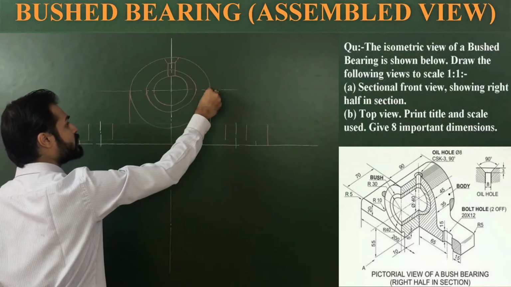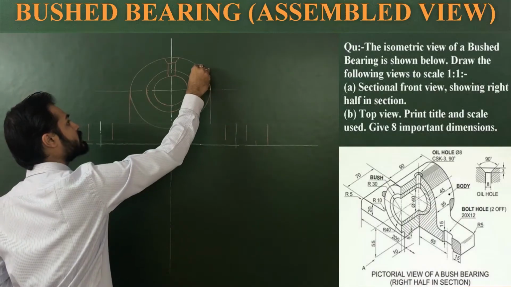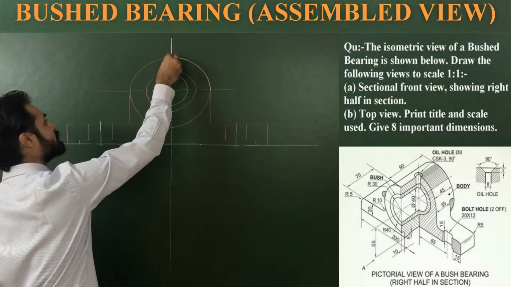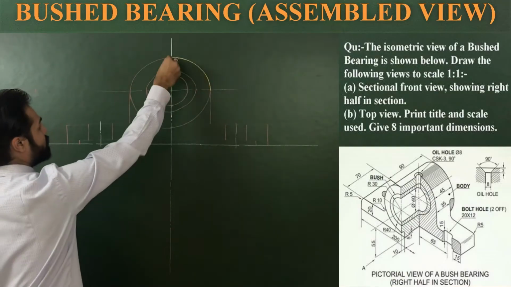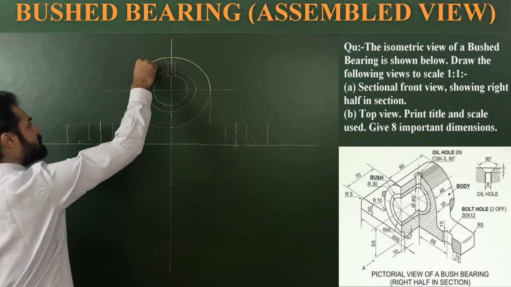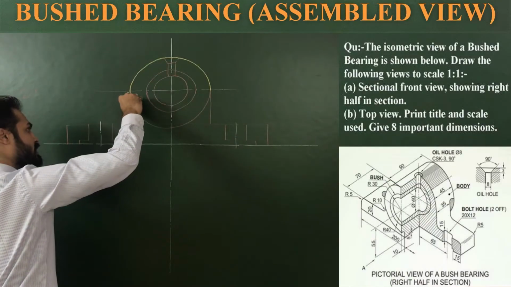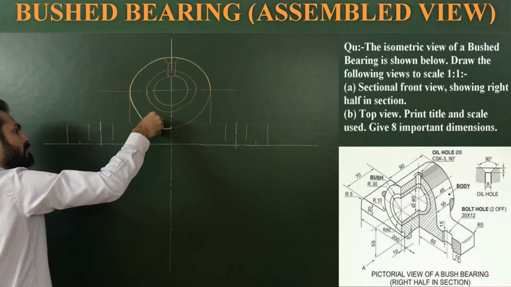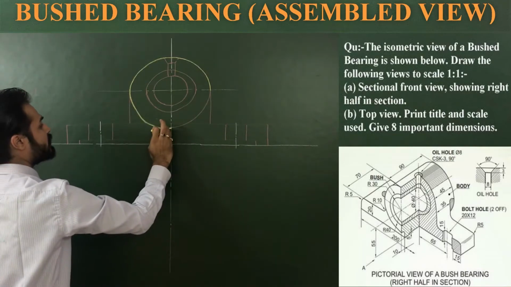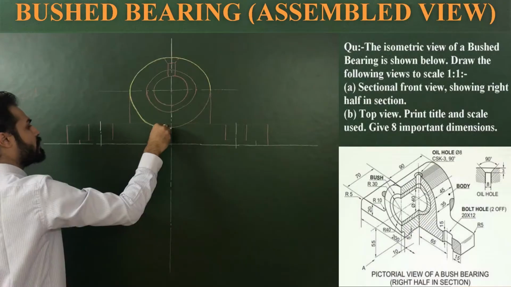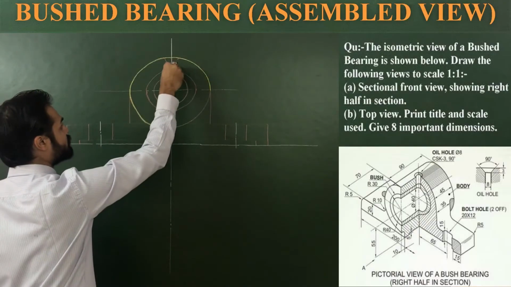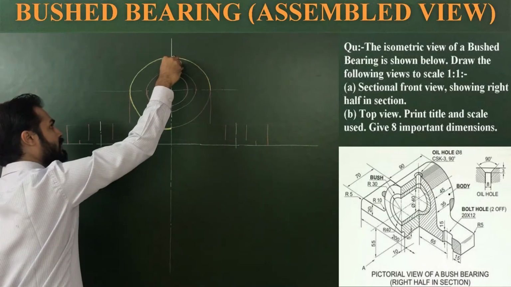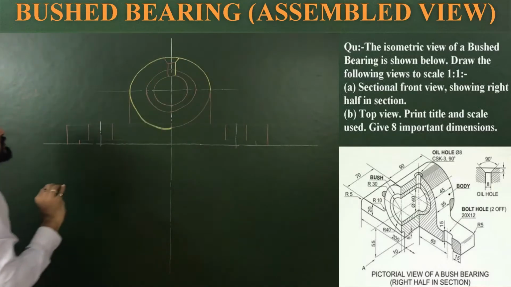starting from this point, this is the first dark visible upper cylindrical part, then this part is also visible, so use dark pencil and draw this part. Now for the bush and for the oil hole, this is dark visible and this is also dark visible.